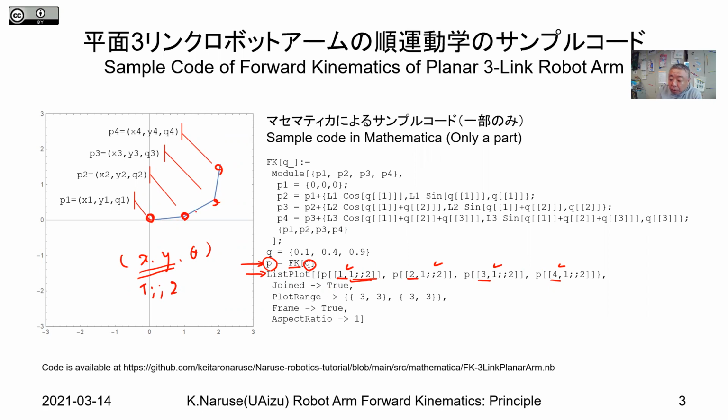Then we plot these 4 points and connect them with lines, and we give the range of the plot for x and y, and we give it an outer frame, and we set the aspect ratio of x and y as 1. Then we can get this plot. And this code you can access from GitHub at this link.